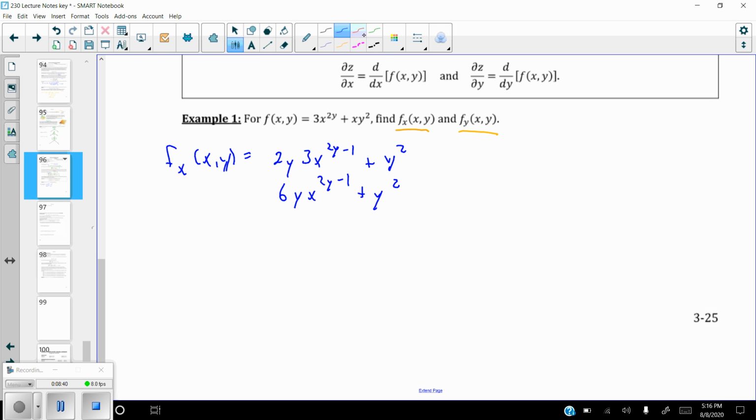Let's try the partial derivative with respect to y. Now we have to treat the x's like they're constants. Okay, so now this is a little bit different. When you look at this first term, x being a constant means that you basically have an exponential function right there.